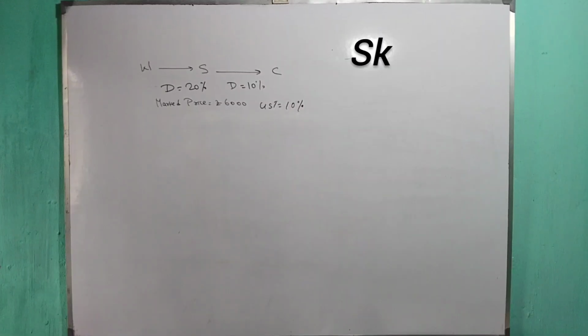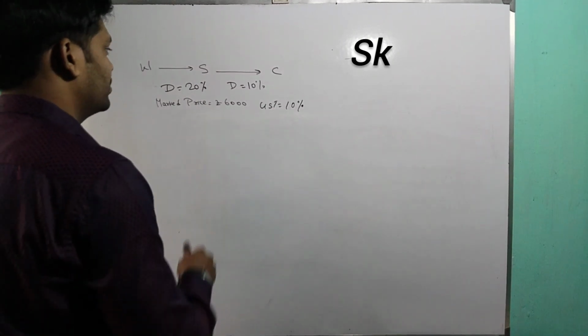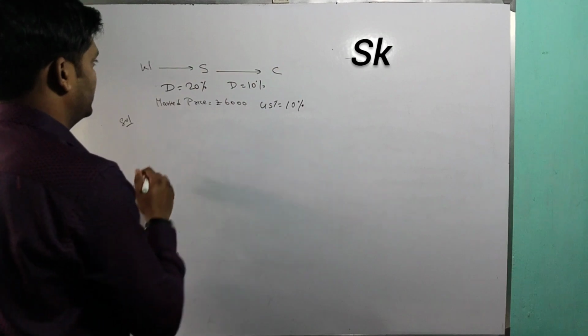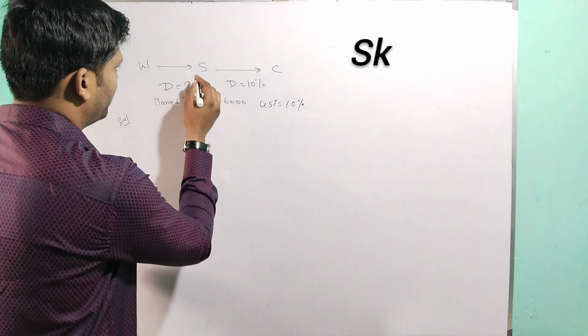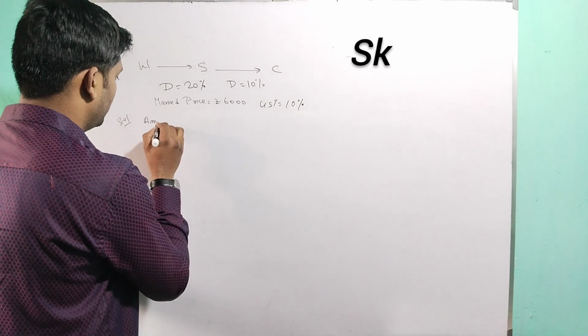So there you go, this is your next question. See nicely what they are saying. Again the wholesaler is selling the goods to the shopkeeper and the shopkeeper to the consumer. In this case there are two discounts and the mark price is 6,000. First you will do the simple calculation: at what price has the shopkeeper got the goods, the amount paid by the shopkeeper excluding tax.